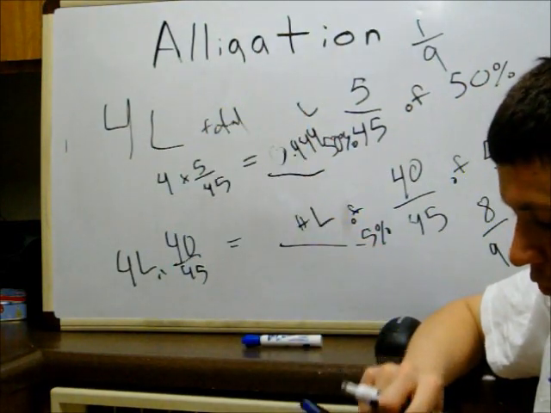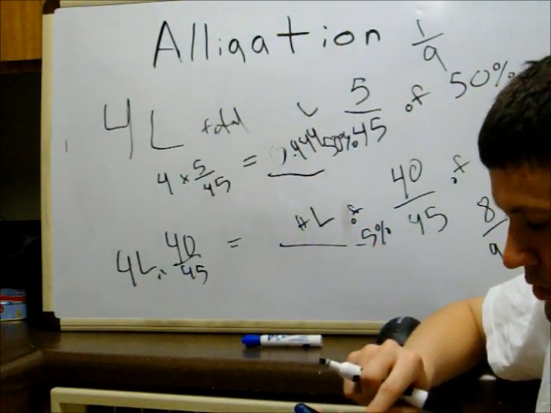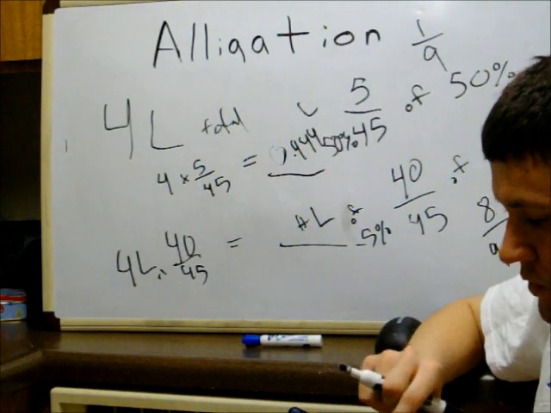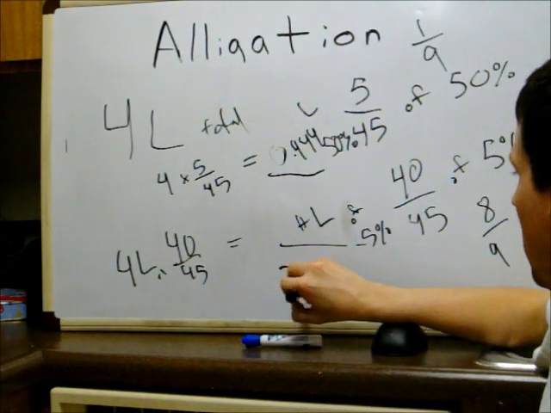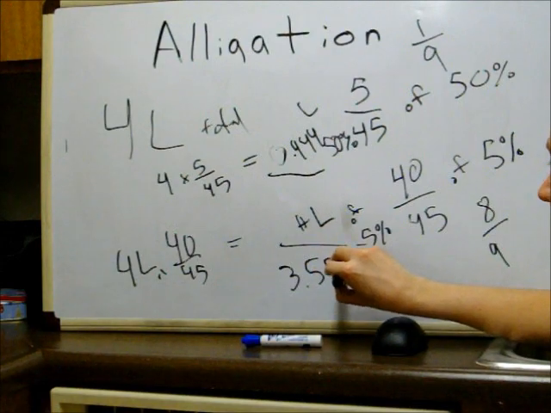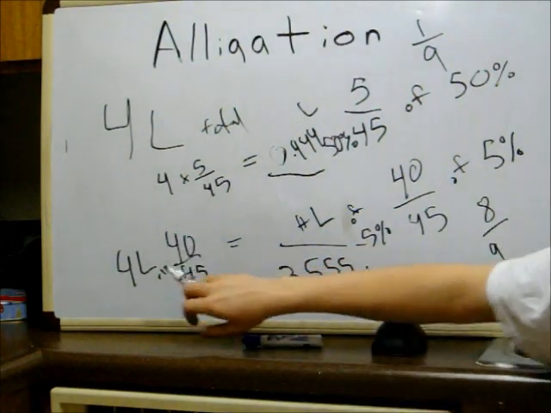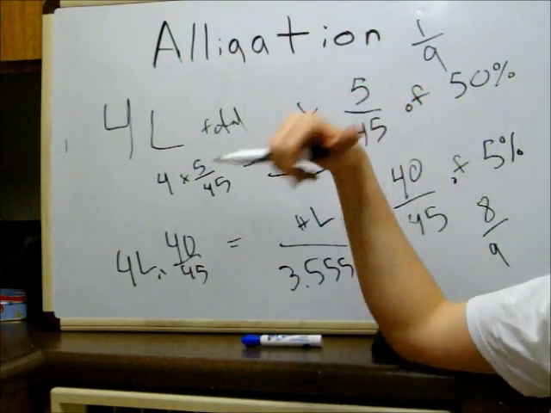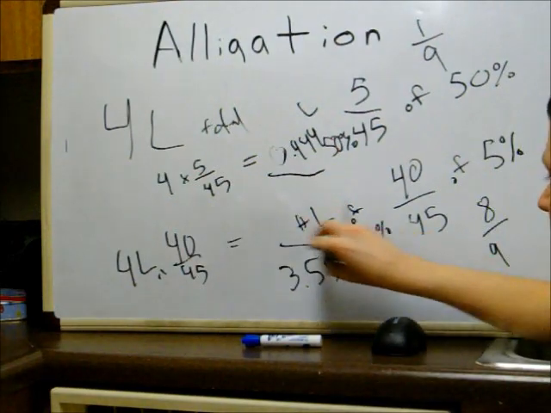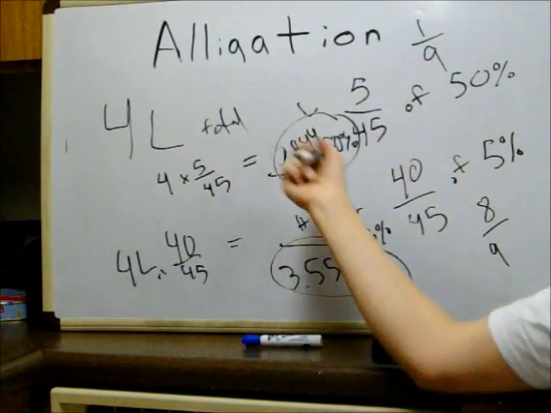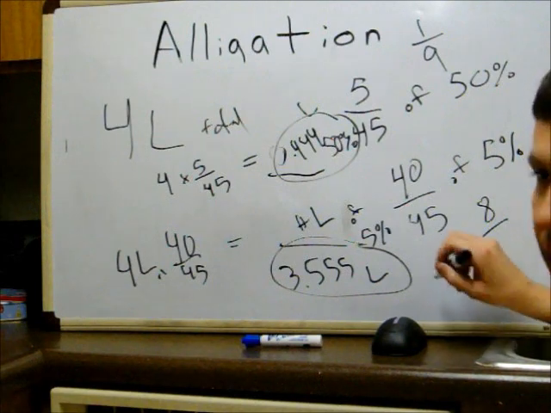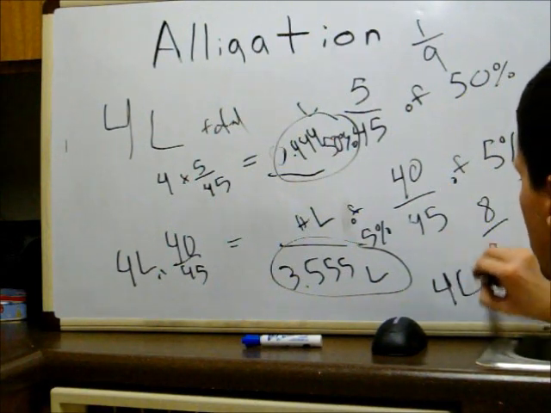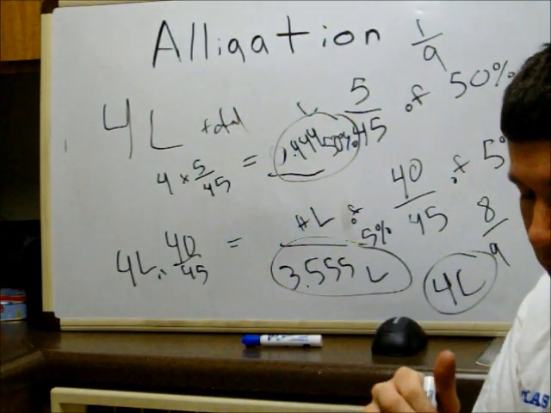And then we're going to do 40 over 45 times 4 liters. And this should be 3.555 liters of the 5% solution. And when these two are added together, they should equal 4. And sure enough, they do. So we get 4 liters total.